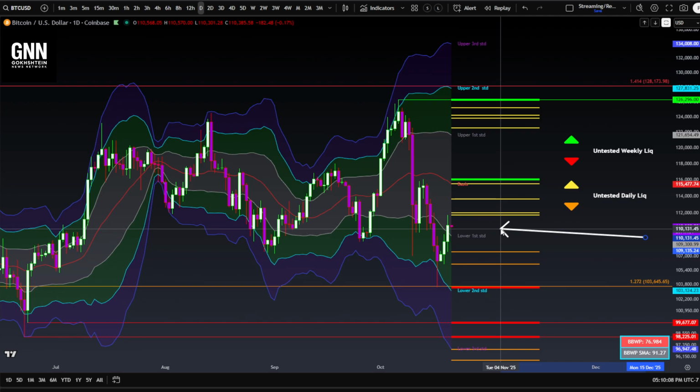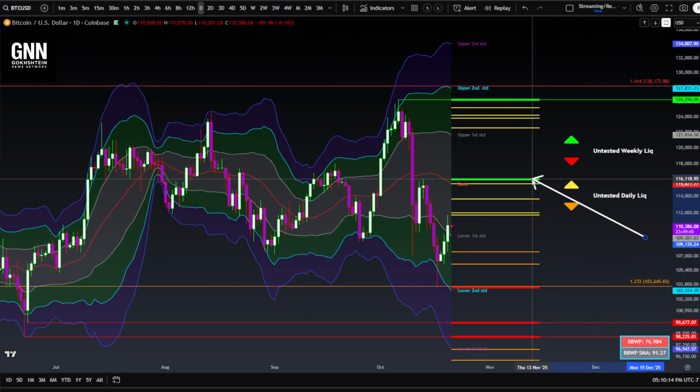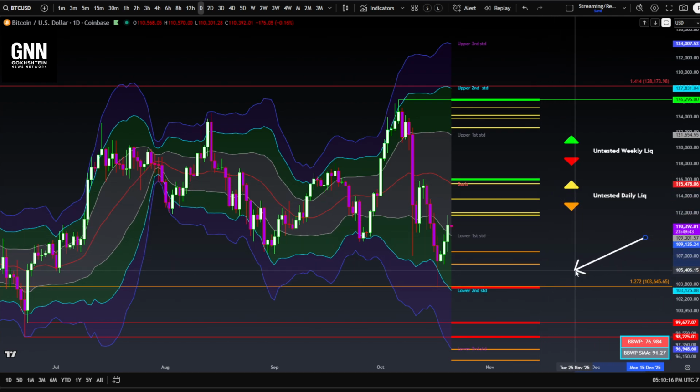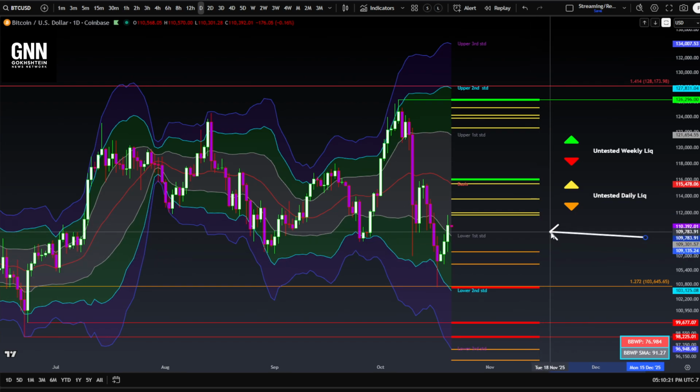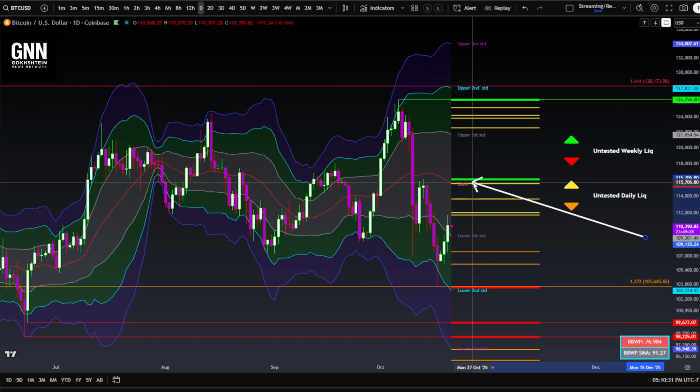And now we have a little bit of liquidity overhead that can be grabbed. The reason I point this out is when you see larger untapped liquidity overhead and down below, and you can see where the daily liquidity is and the lower timeframes, that can help us get a bias as to where the liquidity lies on the charts for potential reversals, or if price slices through, where the next bigger area is that it's likely going to go.